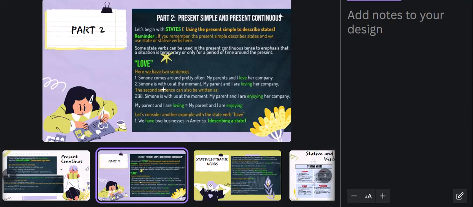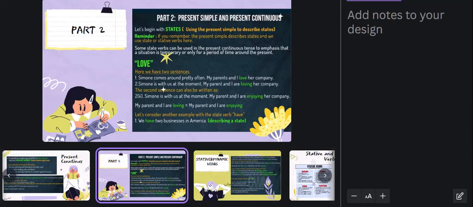But you can't use the stative verb with the continuous, whether it's present, past or future. Okay, there are some exceptions where you can use stative verbs in the continuous, as I told you.